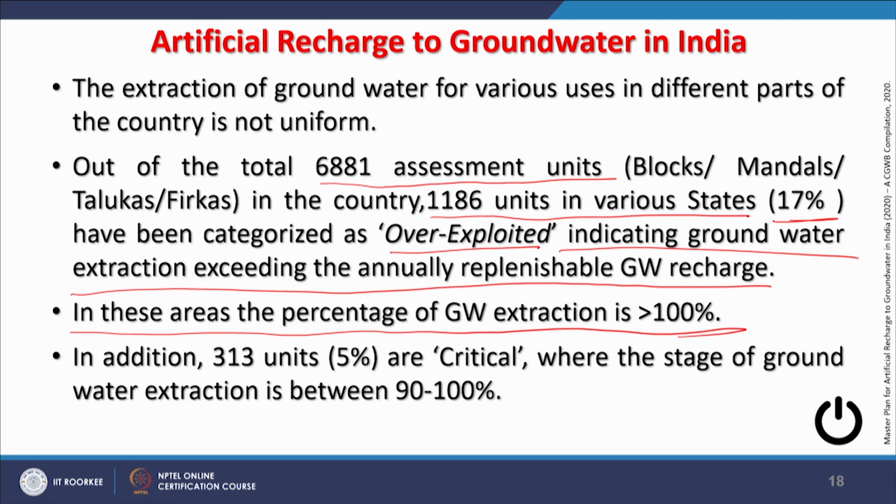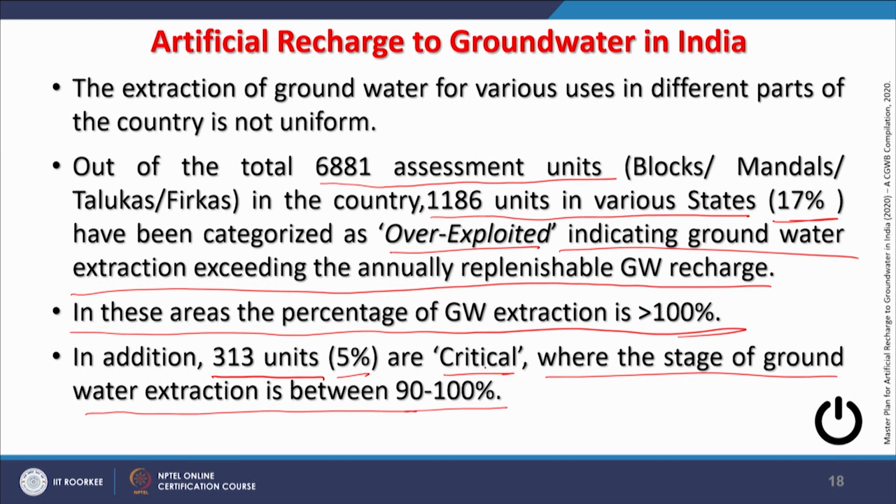Finally, we have about 330 units, about 5%, that are critical, where the stage of groundwater extraction is between 90 and 100%, and urgent measures are required in these areas to recharge our aquifers by whatever means, either surface structures or subsurface structures like injection wells and others.